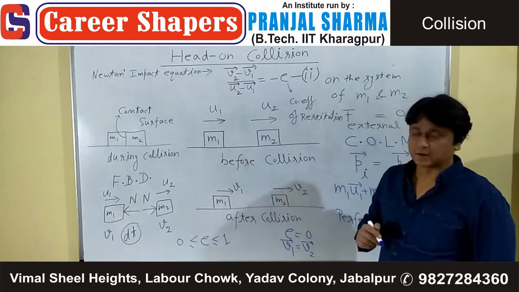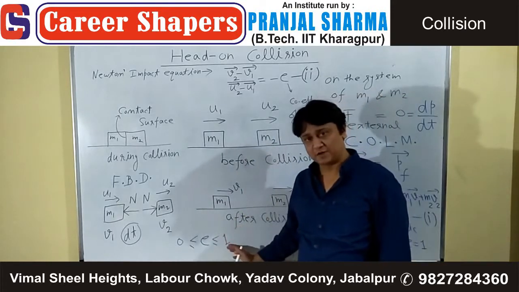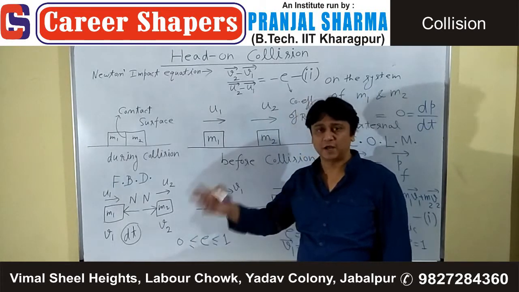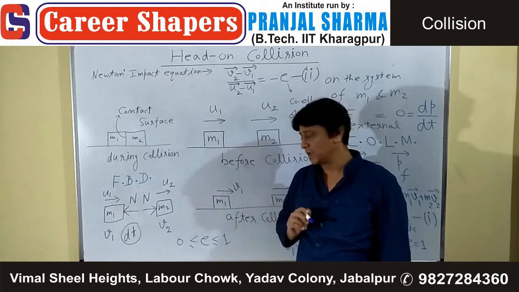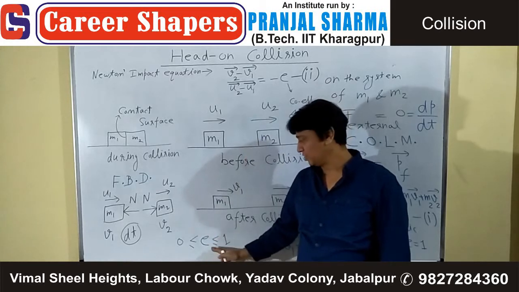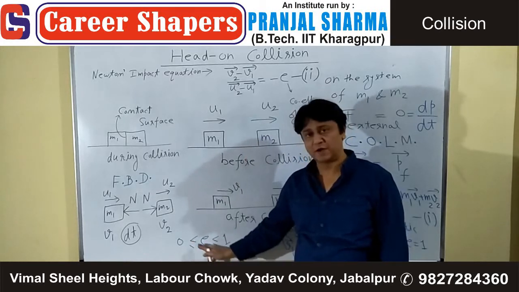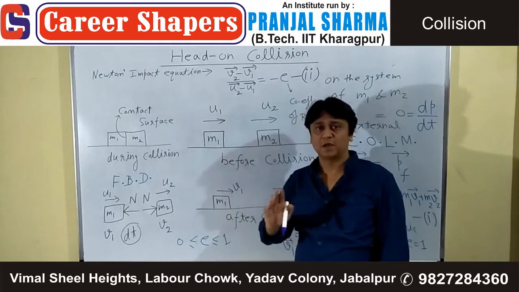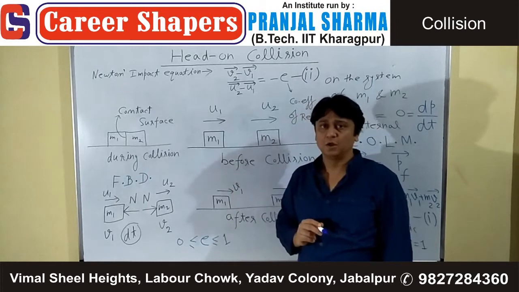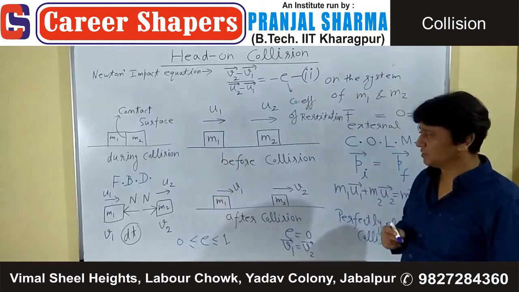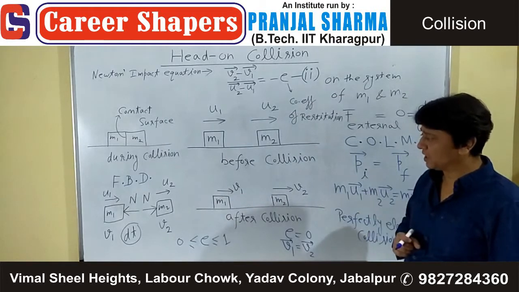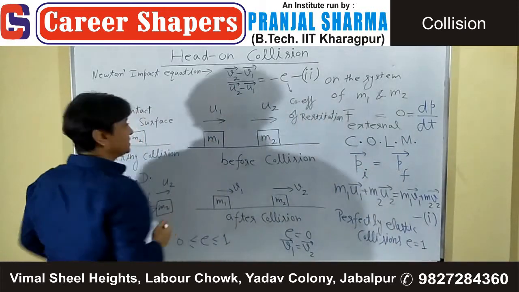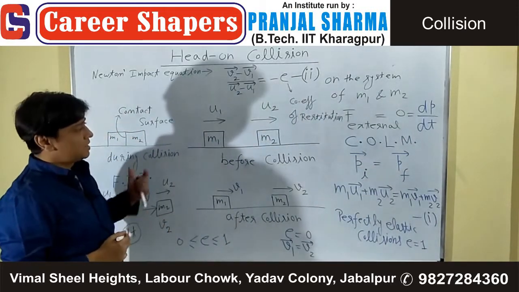Now you know that things are never perfect, and therefore E equals 1 and E equals 0 are theoretical cases, although we consider them. In real life you will find that E is less than 1 and greater than 0. Only for E equals 1 there is no energy loss; in all other cases there will be energy loss. We will see some examples later so that these things become clearer. Note down this much and then we will see some examples on head-on collision.